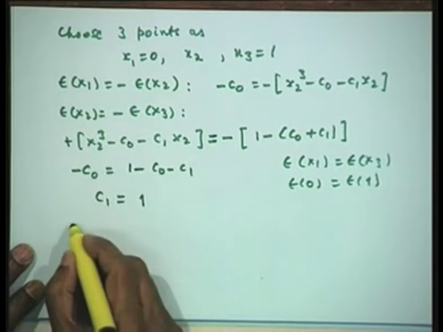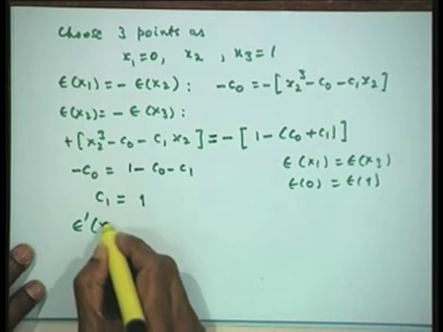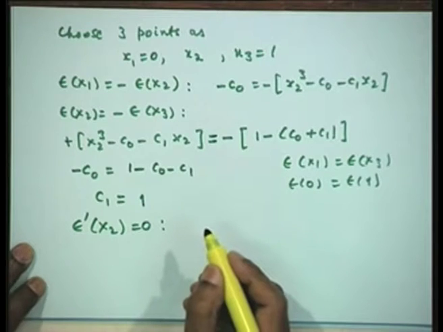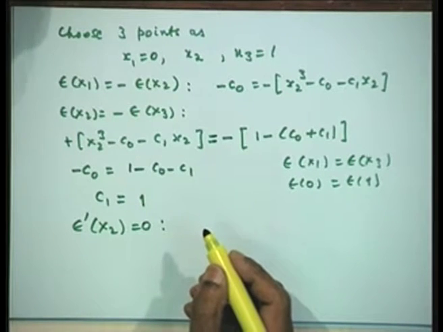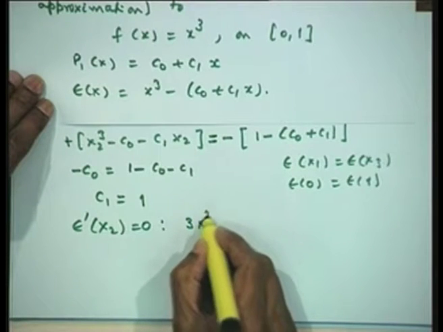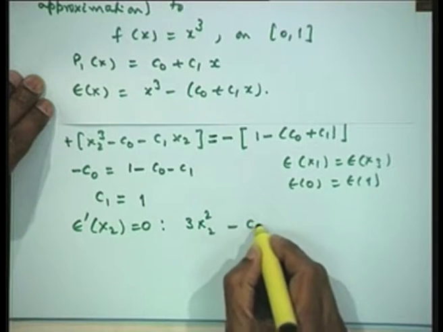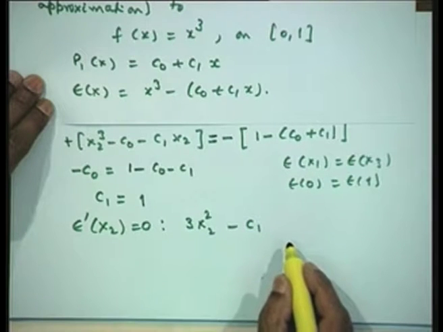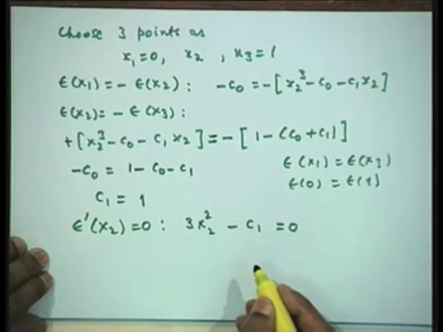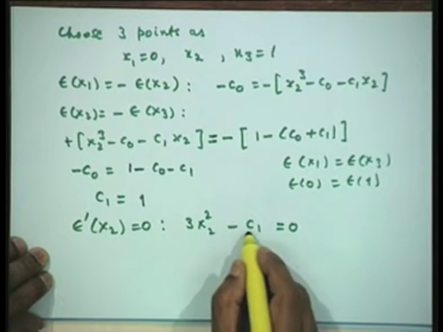Now, I will write the third equation epsilon dash at x 2 is equal to 0. Now, I differentiate my epsilon x, that is 3 x squared minus C 1, and this should be equal to 0. C 1 is 1.